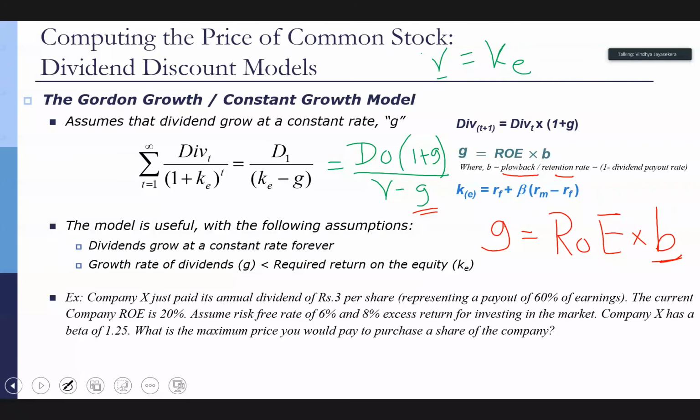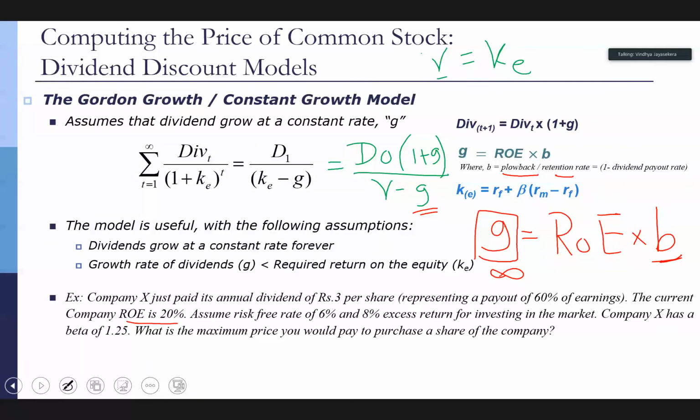Good, Sanila. So you can see here, it's quite easy, right? This question is quite easy. Of course, it doesn't necessarily tell you a couple of things. We are making some assumptions. We are assuming that this current ROE is going to continue, right? And therefore, there will be constant growth forever. So if the current policy does not continue, we cannot apply this equation.